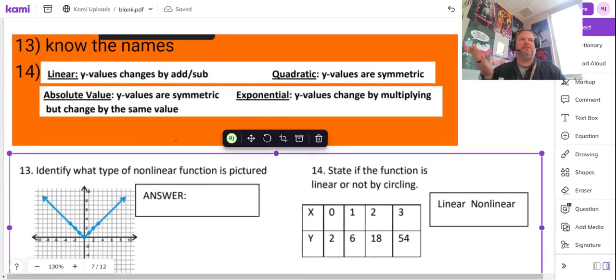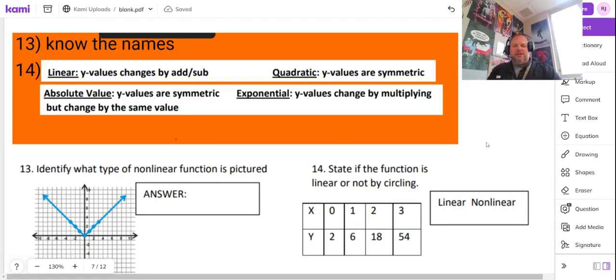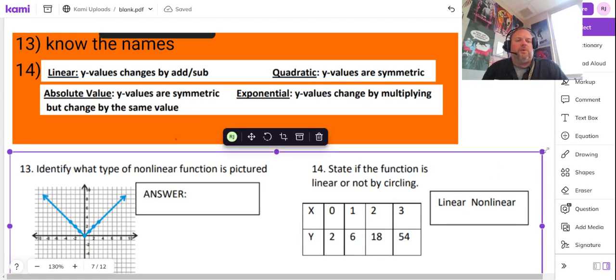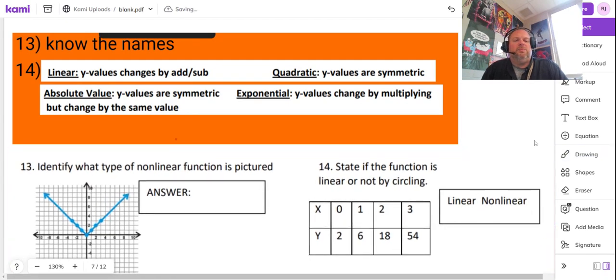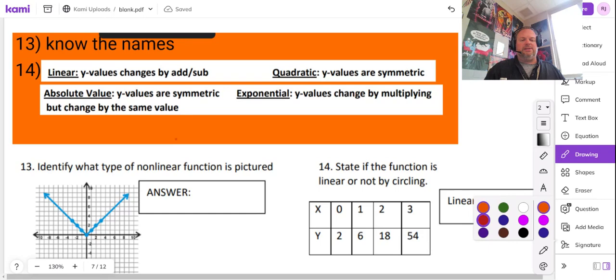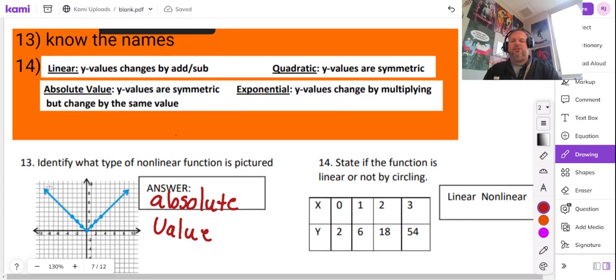Doesn't matter if it's up or down. Exponential stuff. That's what I would look for, what type of shape it makes. Like if it makes an S, it's cubic or whatever. This one on our practice test is absolute value, and we know that because of the V shape.